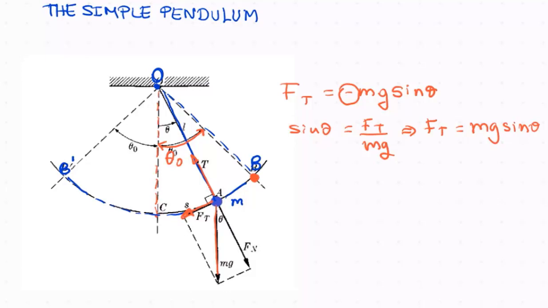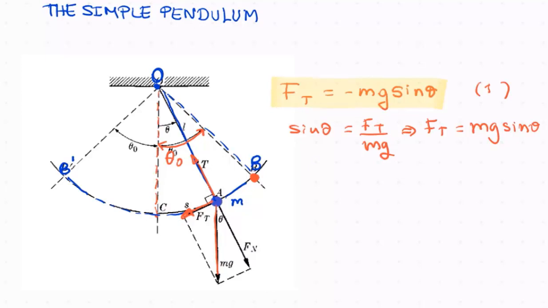All the time, the tangential force is trying to stop the mass. That's why the minus sign. So we have that little equation. I will highlight it, and I will call it equation number 1.